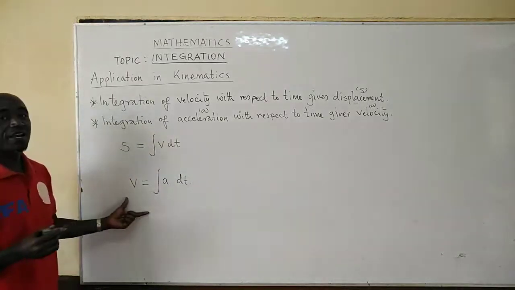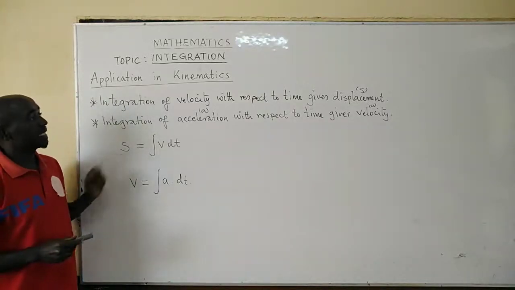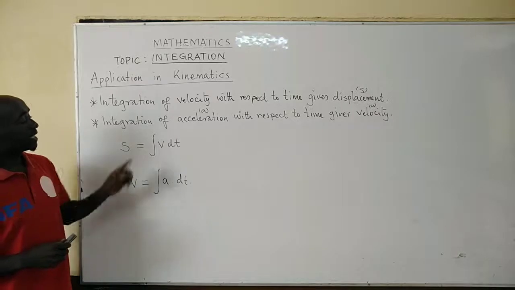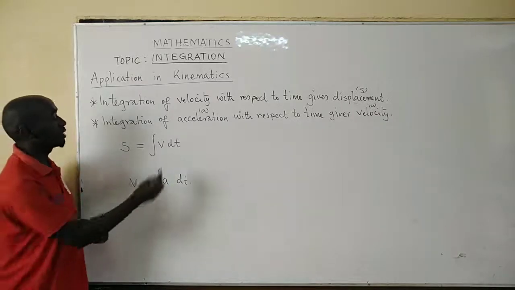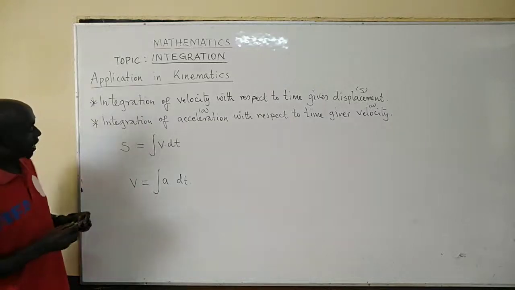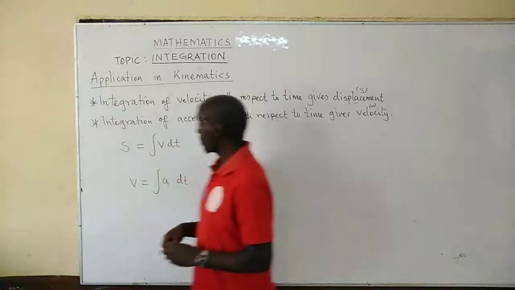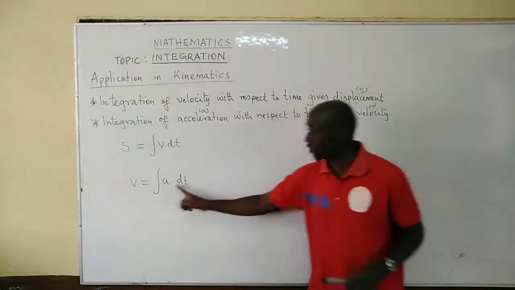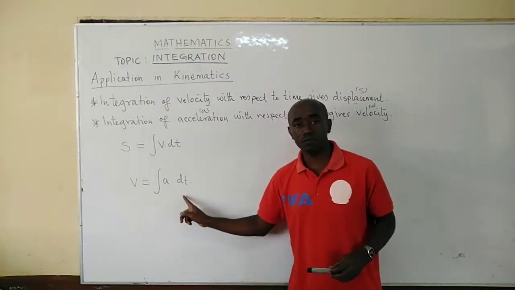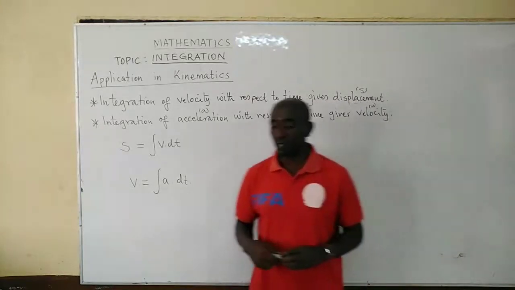Basically, this is the concept which you should know. To get displacement, we integrate the expression for velocity with respect to time. And to get velocity, we integrate the expression for acceleration with respect to time. Basically, that is the concept which we are going to discuss today.